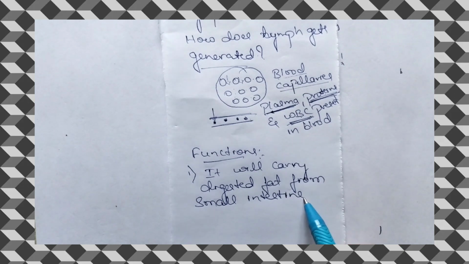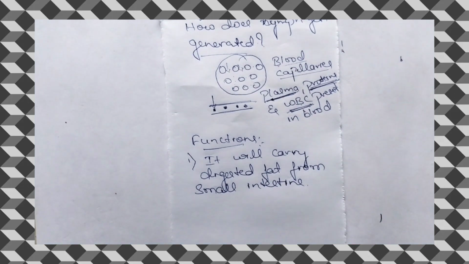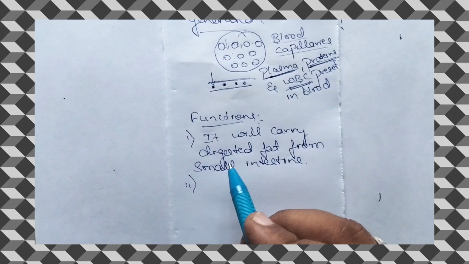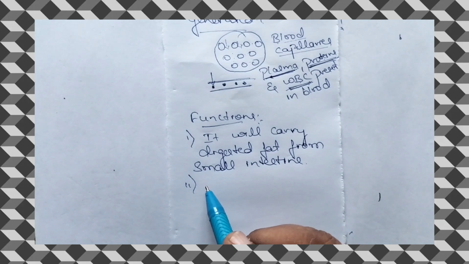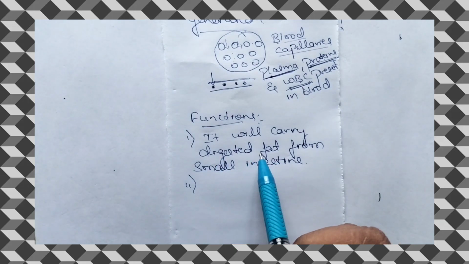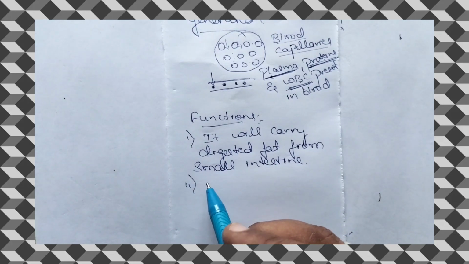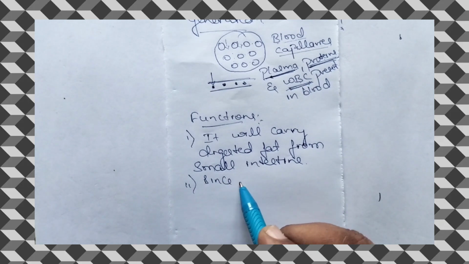So small intestine ಇಂದ ಡೈಜೆಸ್ಟೆಡ್ ಫ್ಯಾಟ್ ಅನ್ನ ಕ್ಯಾರಿ ಮಾಡುತ್ತೆ. ಯಾರೋ? ದಟ್ ಈಸ್ ಲಿಂಫ್. ಒಂದು.